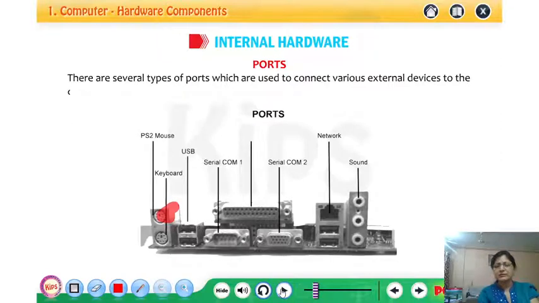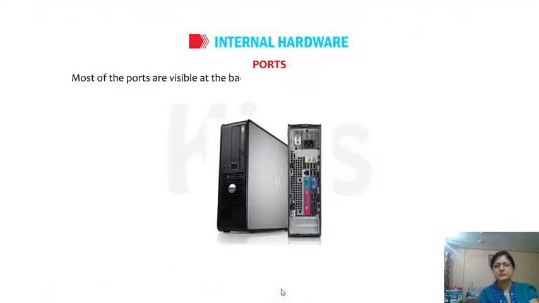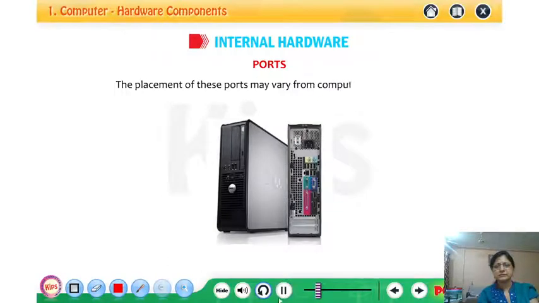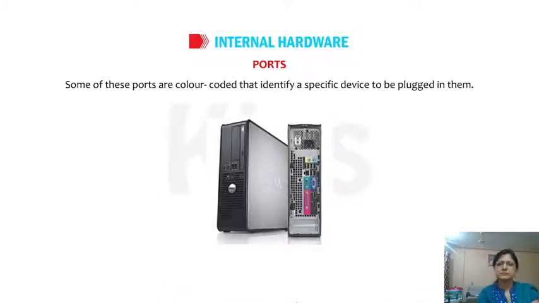Most of the ports are visible at the back side of the CPU cabinet, while a few are placed in front. The placement of these ports may vary from computer to computer. Some of these ports are color-coded to identify a specific device to be plugged into them.